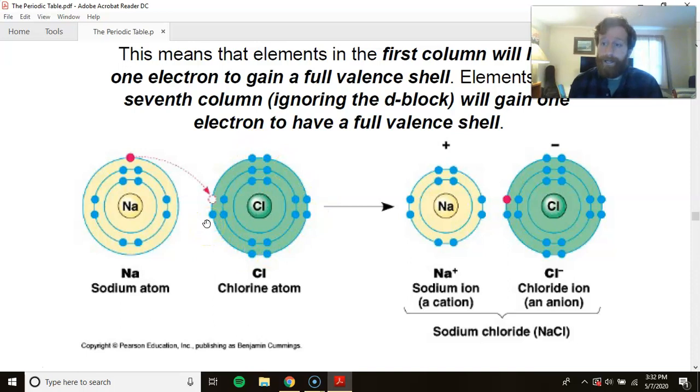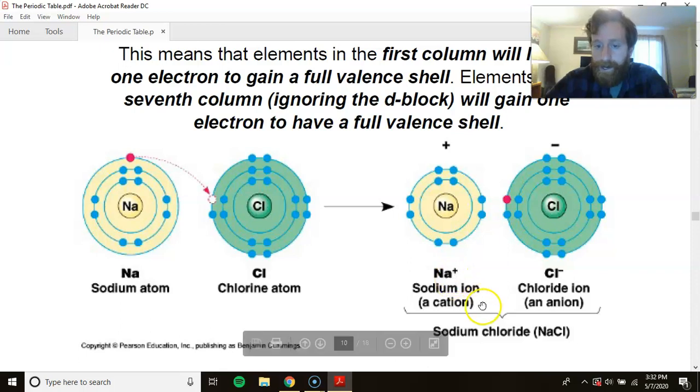So it's 1 away from having a full valence shell. And so sodium will likely give up that 1 electron to be more stable, and chlorine would likely accept that 1 electron to be more stable. And by doing this trade, by sodium giving chlorine that electron, both end up with a full valence shell.